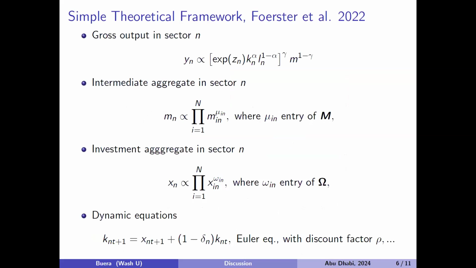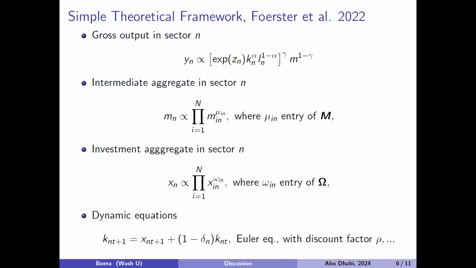So they propose a simple framework. Think about this fact. I think my reading builds on Foerster, Sarte, Watson, and other authors, giving us a simple production economy with an input-output structure given by the M matrix, and an investment network with the capital Omega network matrices.